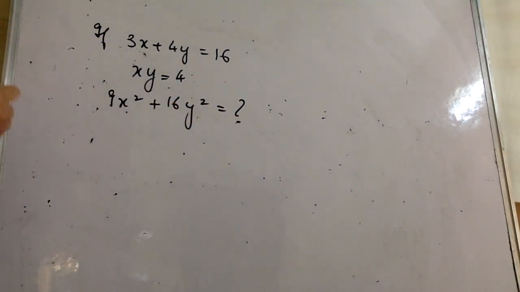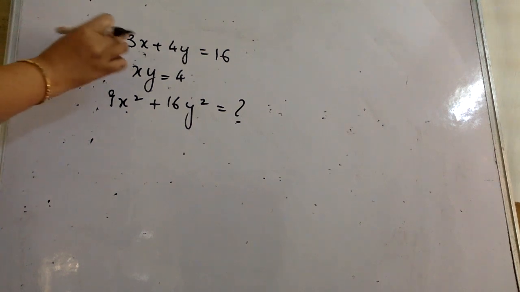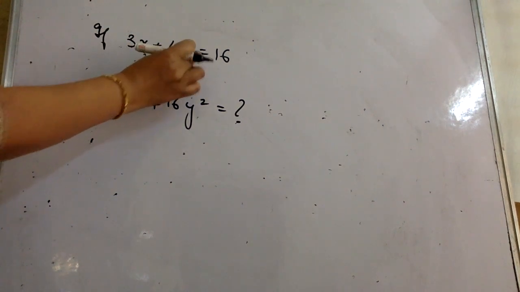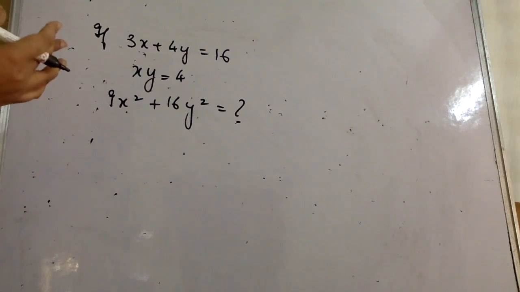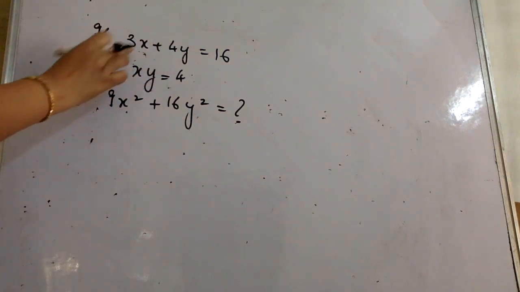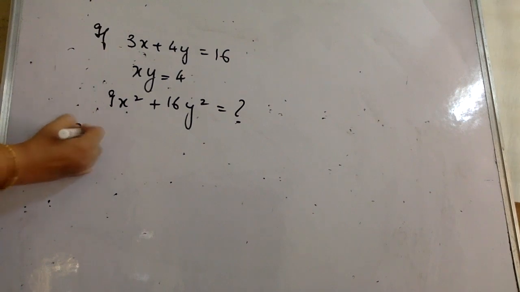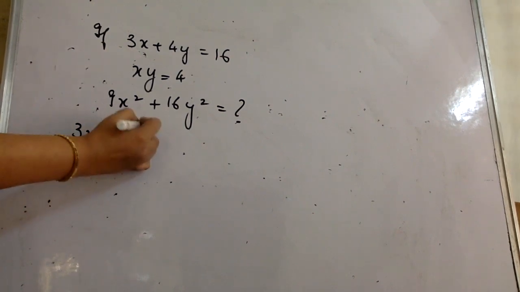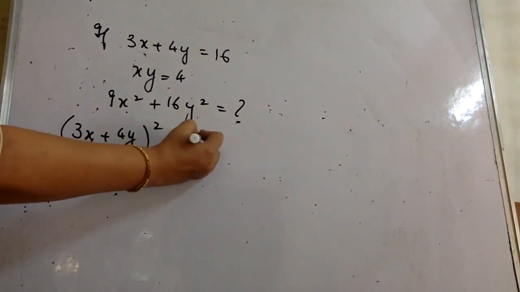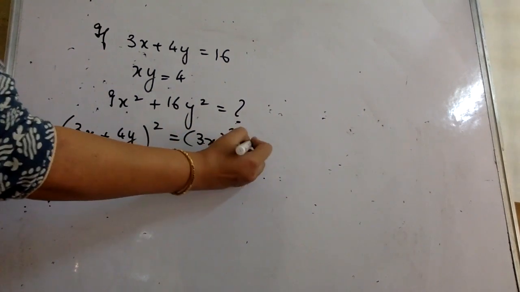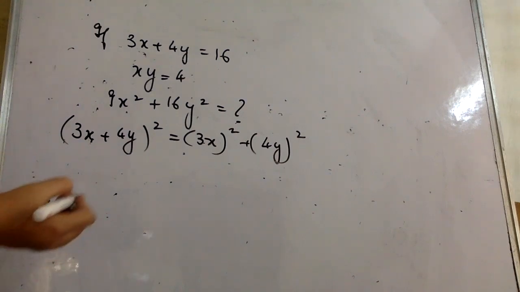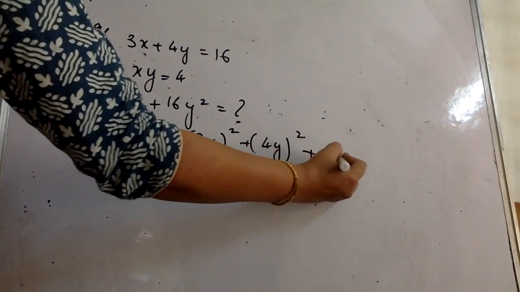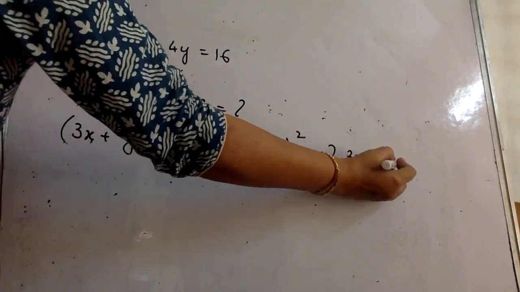So how do you find it? Now if you watch this, you will see this one square is here and this one square is here. So it is nothing but a sum like the previous one. Only thing, here you have coefficients of x and y. So what I will write, 3x plus 4y, and also note how I am writing it: 3x square, write the 4y square close to it, and plus 2 into 3x into 4y.